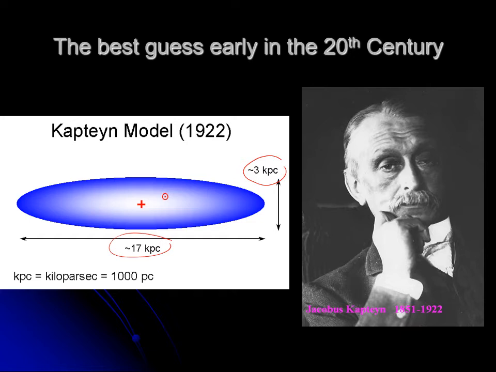His estimate was that the sun was close to the middle of it. That's what most astronomers thought towards the end of the 19th century and the beginning of the 20th century.